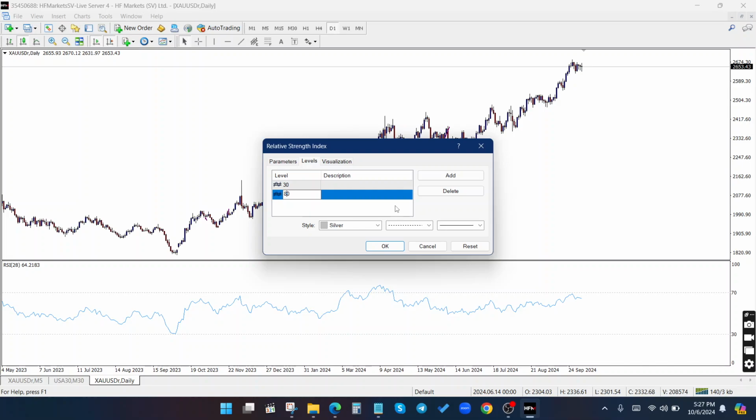So you want to increase the threshold. Use 80 for overbought and 20 for oversold in strong trending markets. This can help avoid premature entries and exits in high momentum environments.